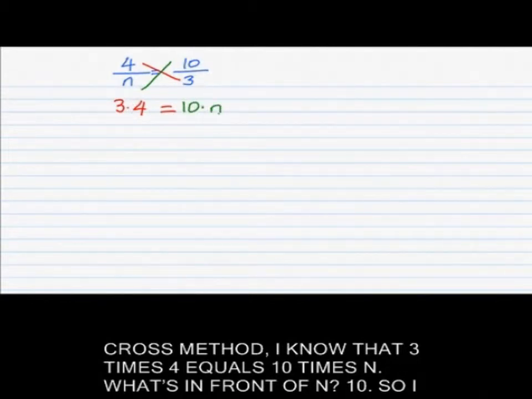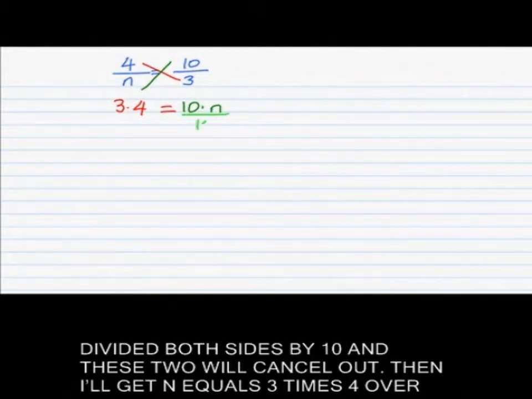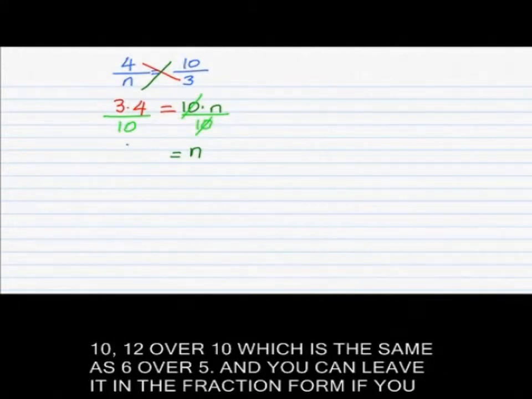What's in front of n? 10. So I divide both sides by 10. And these two will cancel out. Then I'll get n equals 3 times 4 over 10, 12 over 10, which is the same as 6 over 5. And you can leave it in the fraction form if you want.